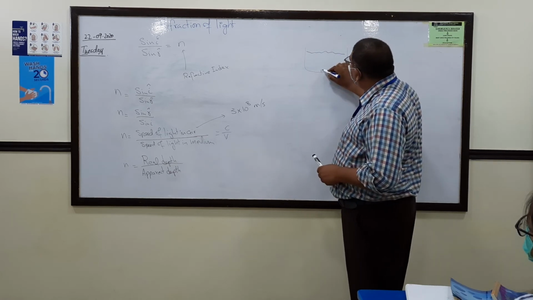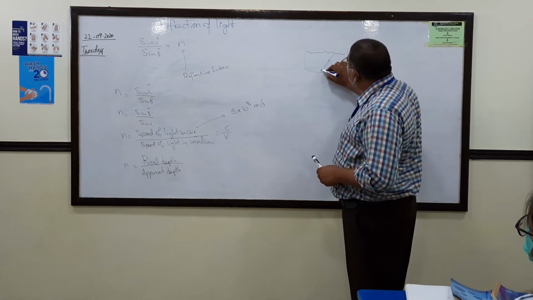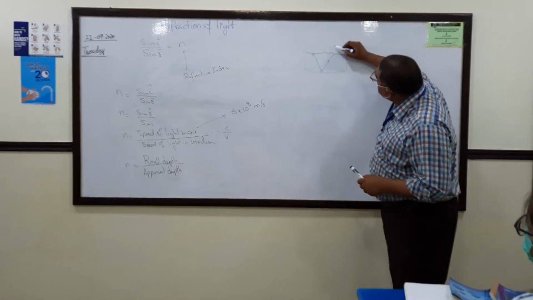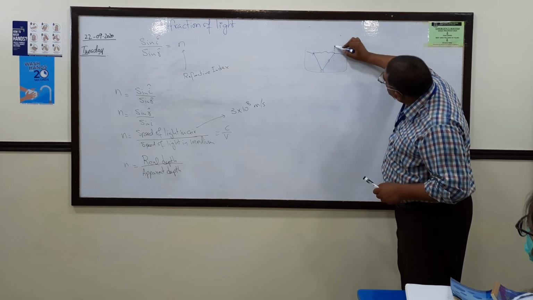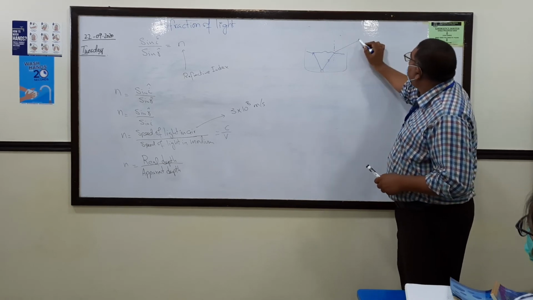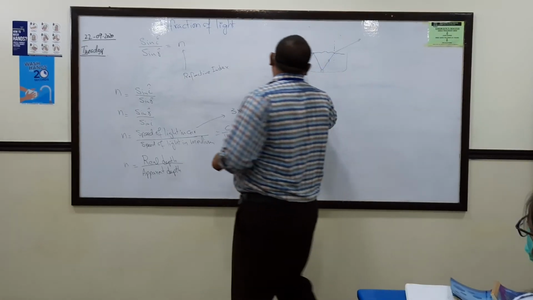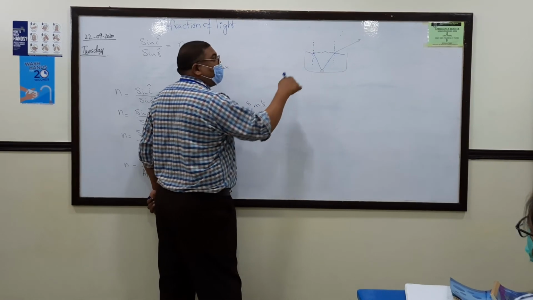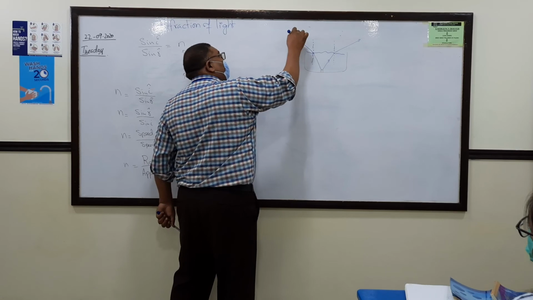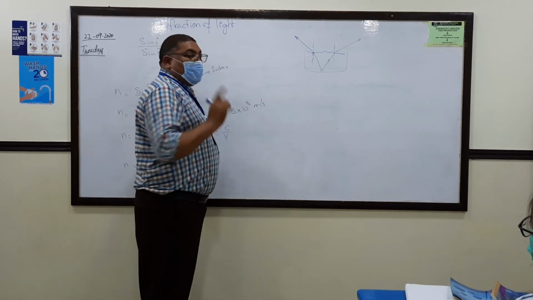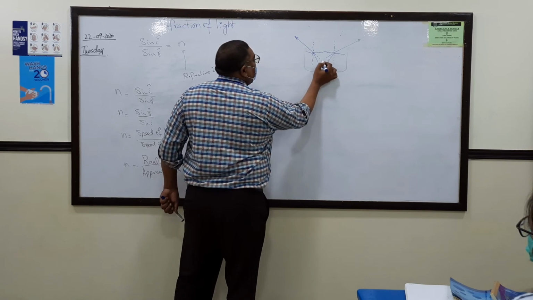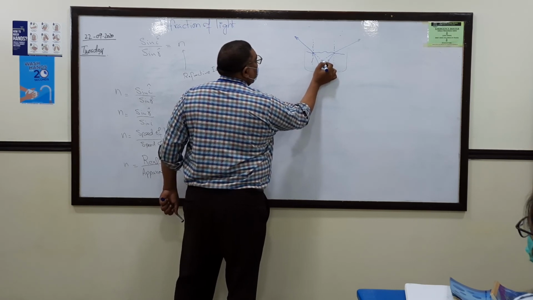For example, this ray goes this way and this ray goes this way. When this light goes into the air from water, it will bend away from the normal. If you prolong them, they will intersect each other here.